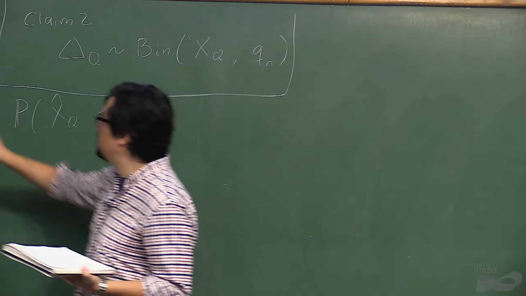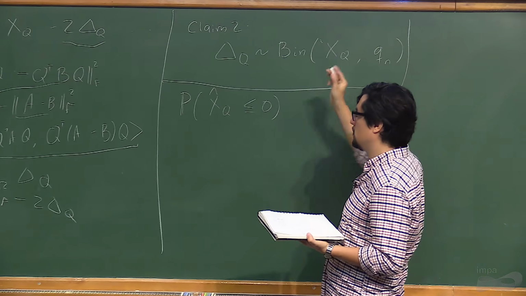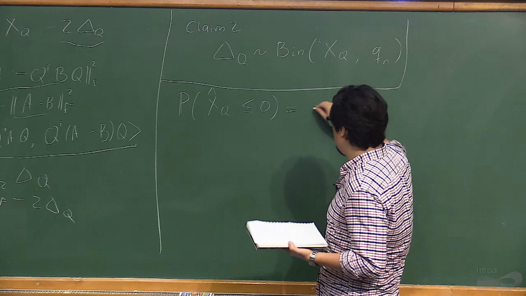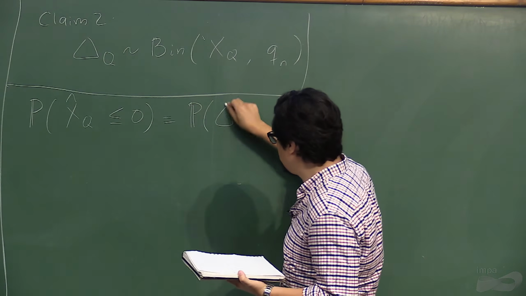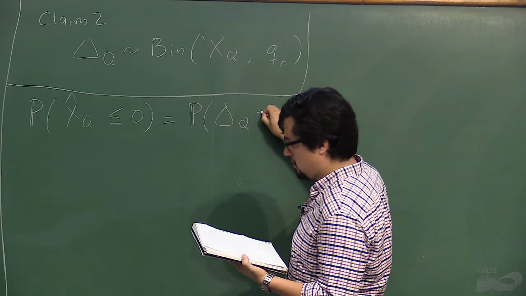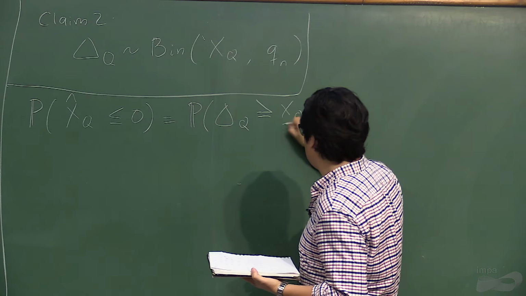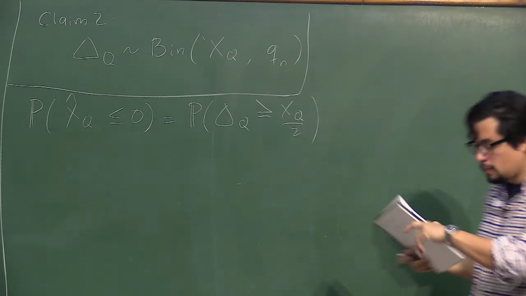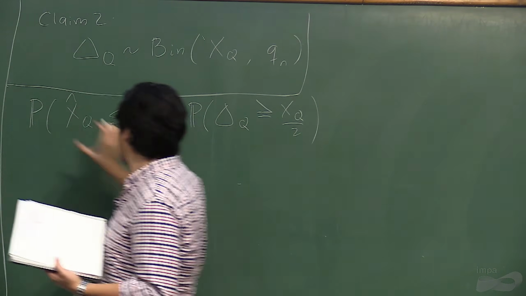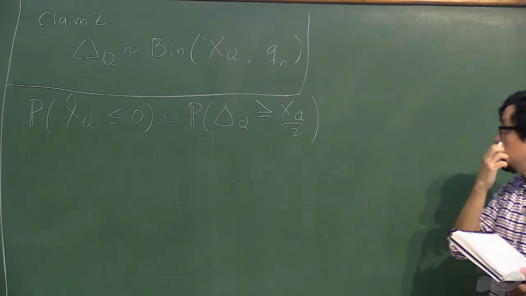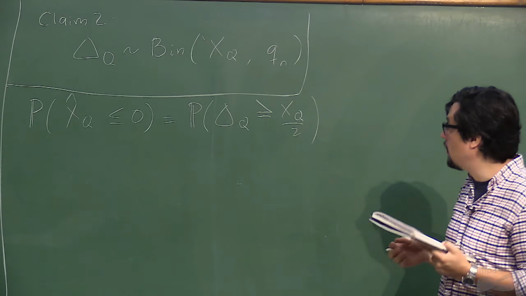Well, by this definition here, because x hat q is equal to xq minus 2 times delta q, this probability is equal to the probability that delta q is greater than or equal to xq over 2. Right? So basically, just by substituting this function and then rearranging things. And we know that this is binomial, right? So actually, this is an easy calculation.